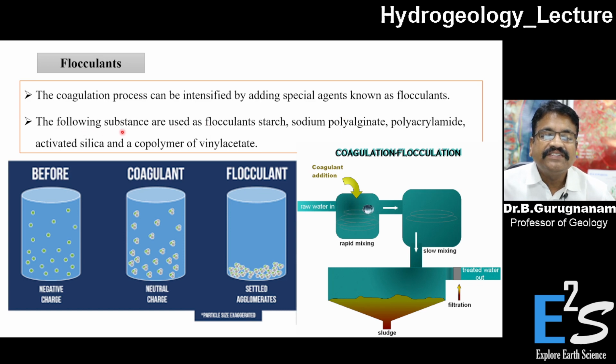The following substances are used as flocculants: starch, sodium polyalginate, polyacrylamide, activated silica, and a copolymer of vinyl azide. So these are the flocculant agents used for removing impurities in the water.